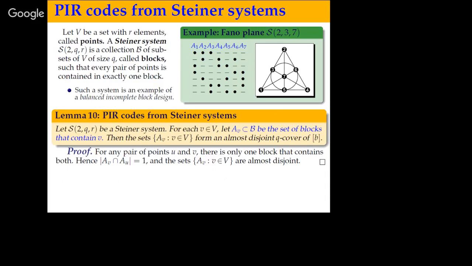Why is that? Let's look at A sub 1. The corresponding subset would be 1, 3, and 4. And this is almost disjoint with any other point, because if I had an intersection, this would violate the Steiner system.